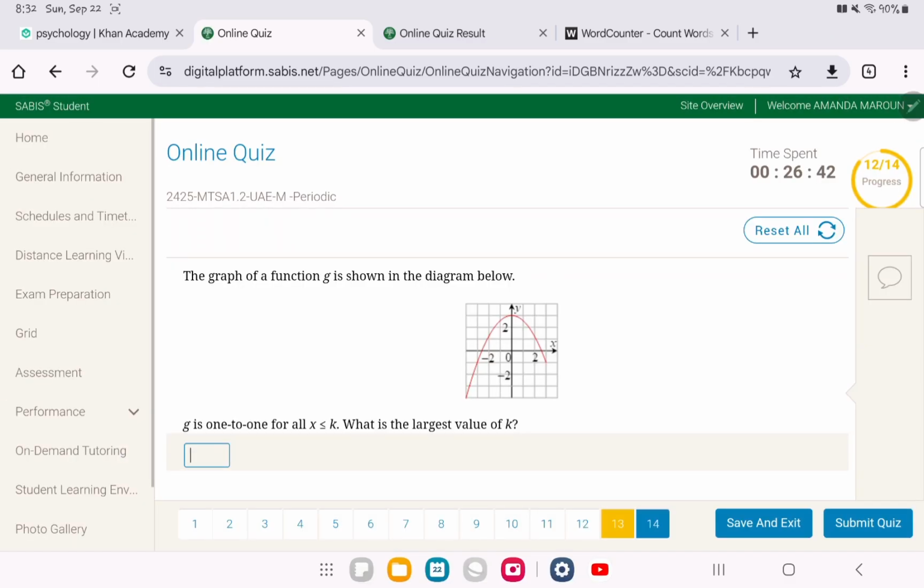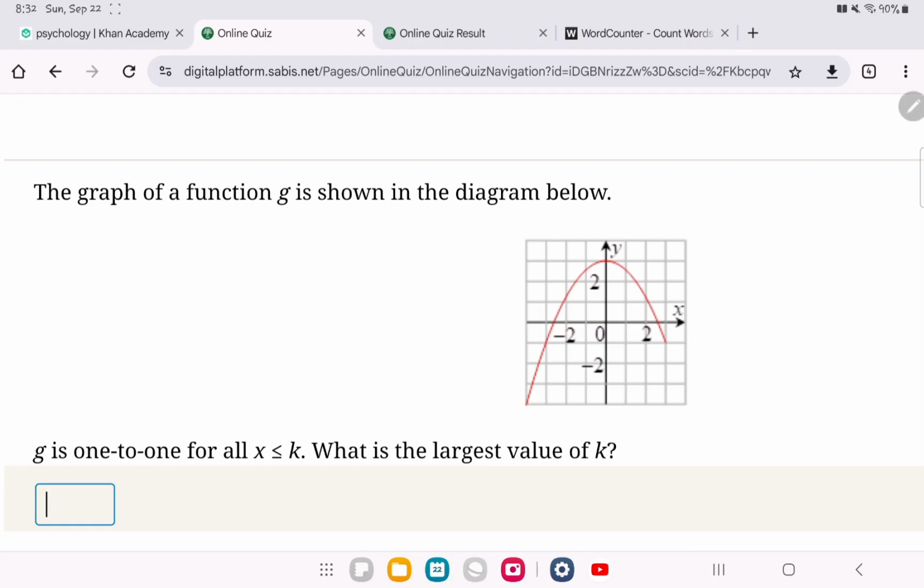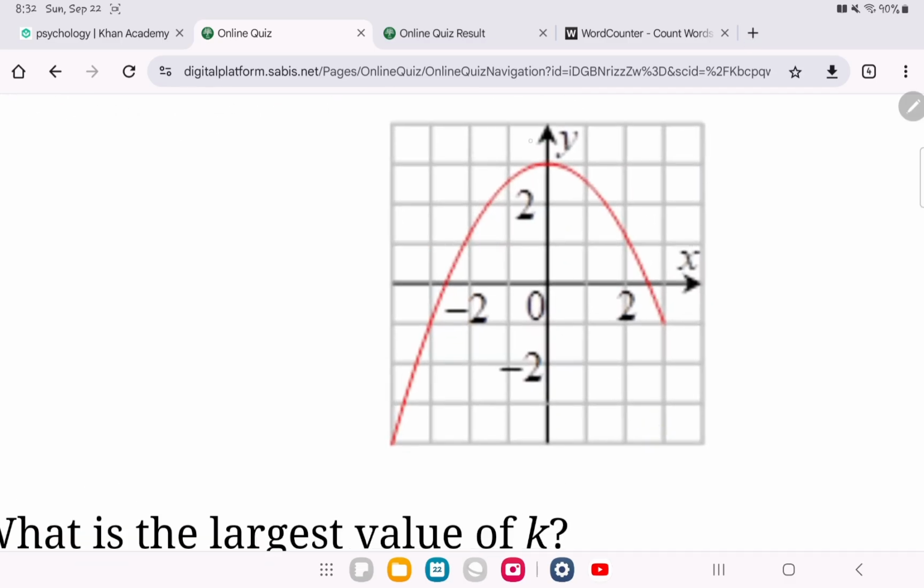Question number 13. The graph of a function g is shown in the diagram below. g is 1-to-1 for all x less than or equal to k. What is the largest value of k? They need it to be a 1-to-1 function. So if we do the horizontal line test, we see that if we draw a line from here, then this part becomes 1-to-1, and this part becomes 1-to-1.